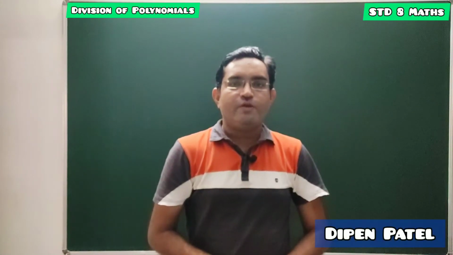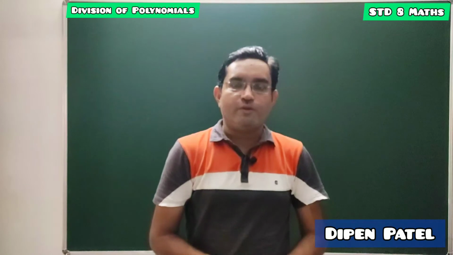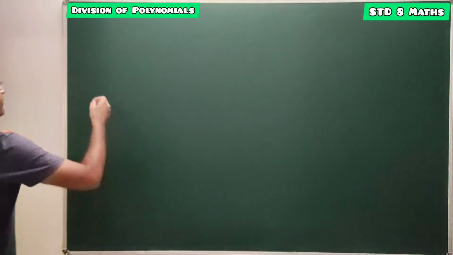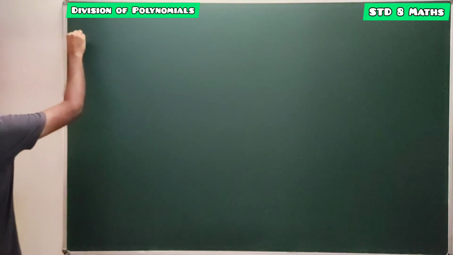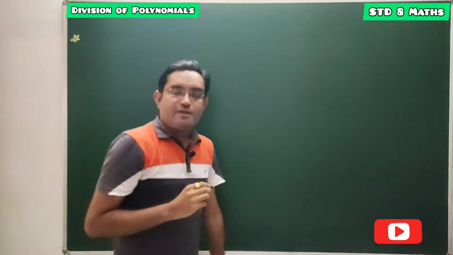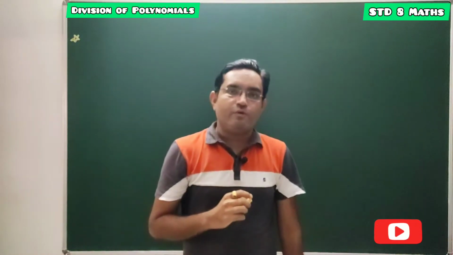In this video we are going to discuss division of polynomials. Here the first division is division of monomial with monomial. In standard 8 we have to discuss three types of division of polynomials.